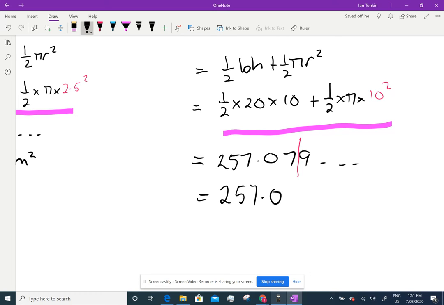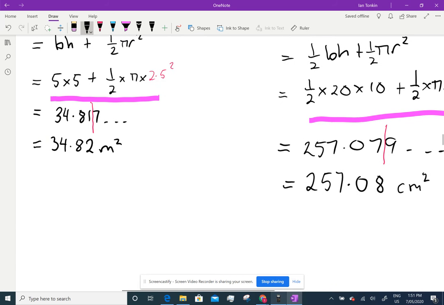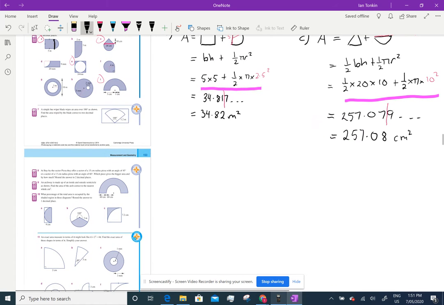Is the number behind 5 or more? Yes, it is. I'll make that an 8. And my units are centimetre squares. So there are two composite ones that are adding.